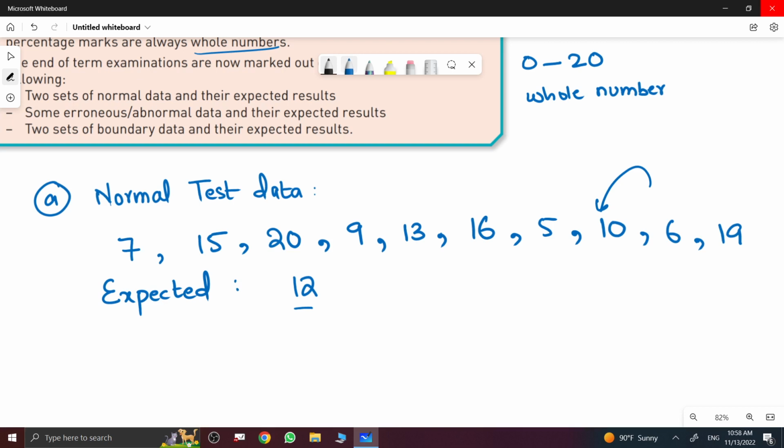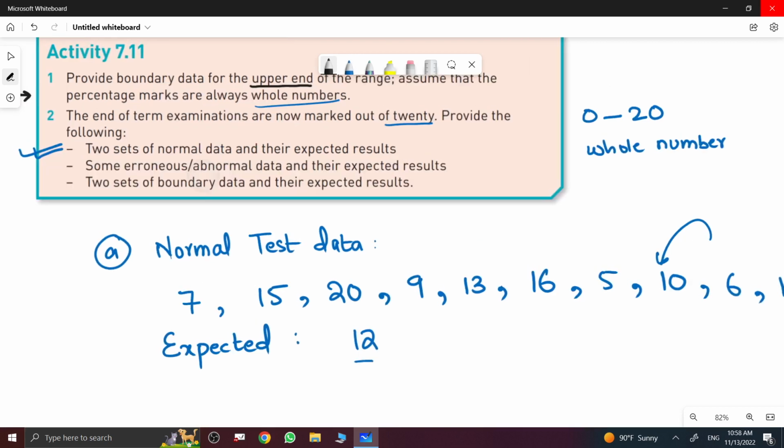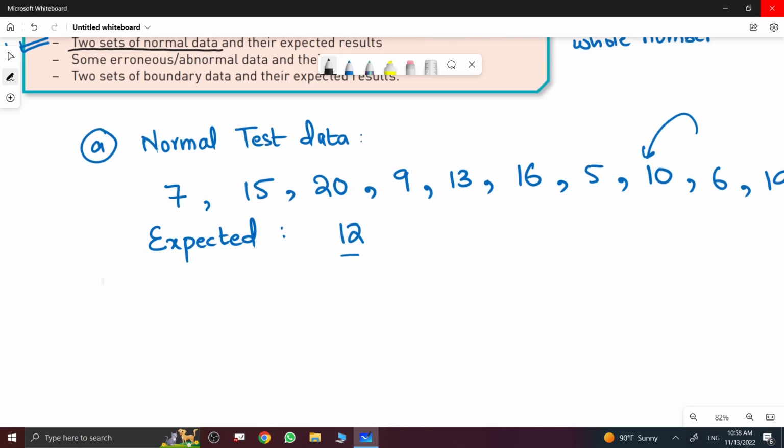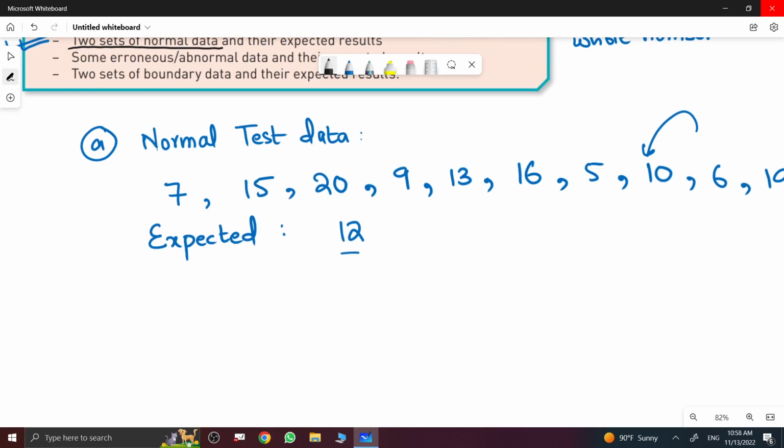And let's take another example, because it's written here, two sets of normal data and their expected results. The other normal test data can be just like that. Remember, the normal test data is the one that will always be accepted by the system and will have an expected result.